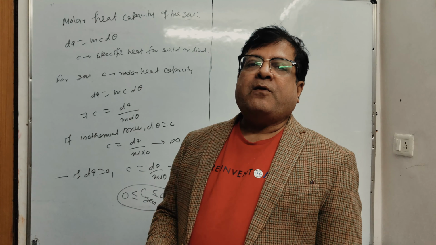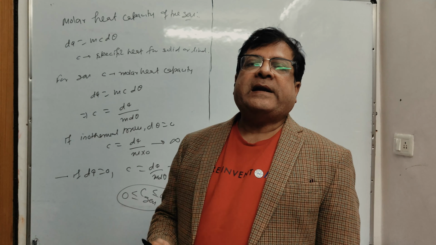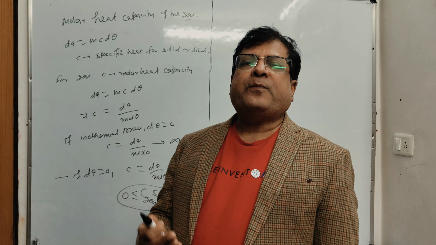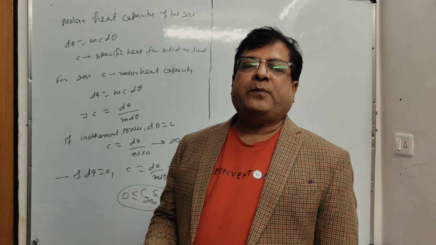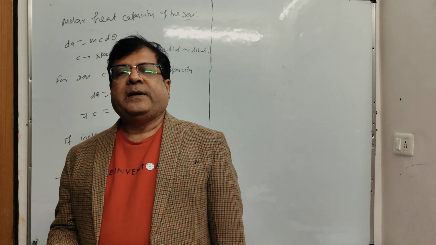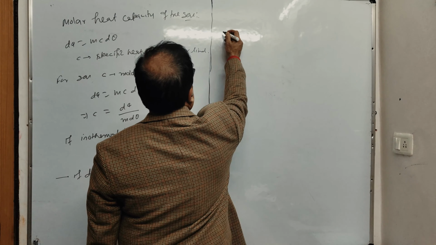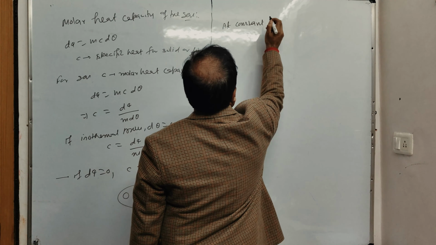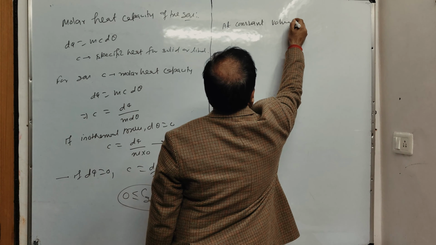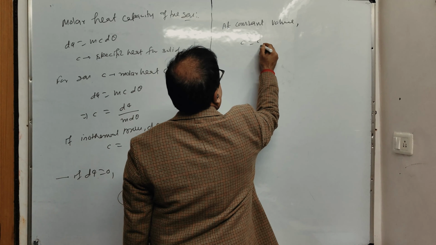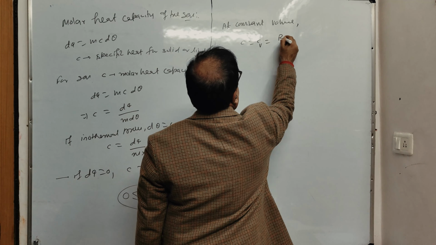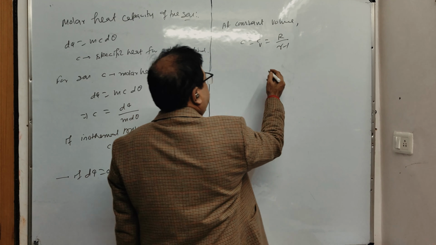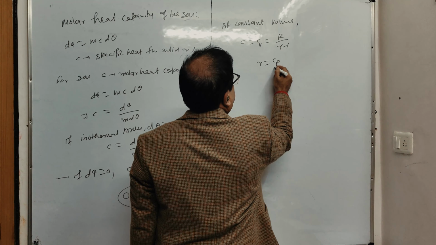Okay. So now the question is, how can one find the value of C for any process. For known processes, at constant volume, this C is known as Cv, which is R upon gamma minus 1. Gamma is the ratio of Cp by Cv.